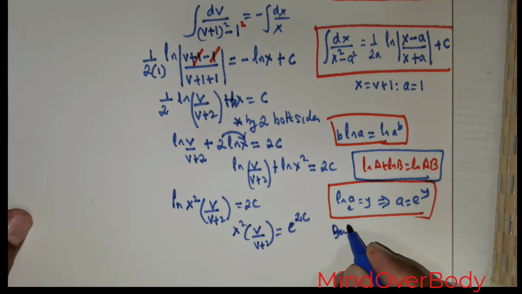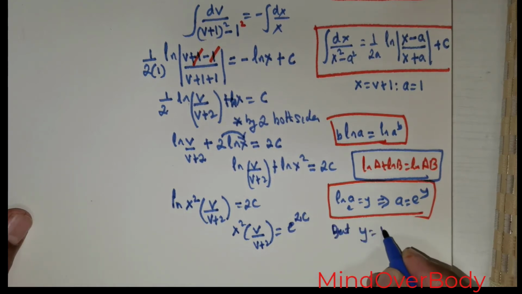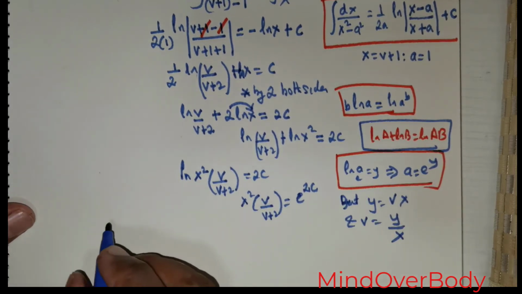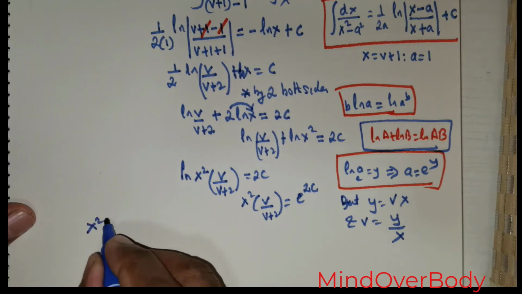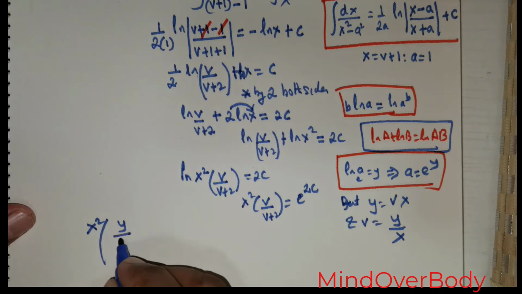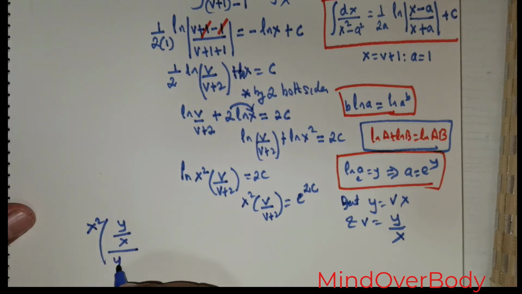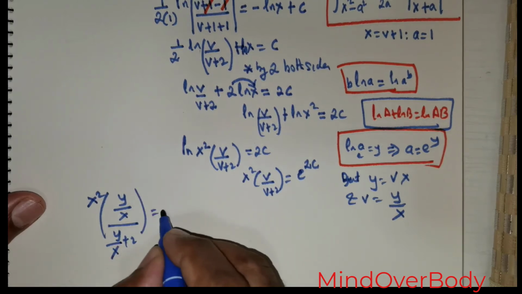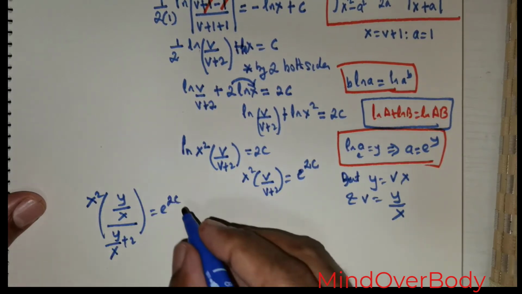But my y is equal to v times x and my v is y over x. So if I were to substitute that, this is going to give me x squared times y over x divided by y over x positive 2 is equal to e raised to the power of 2c.